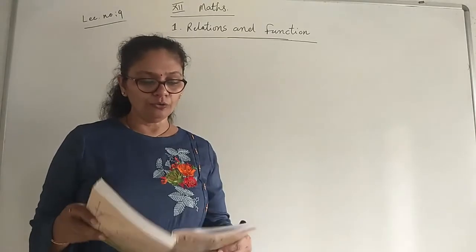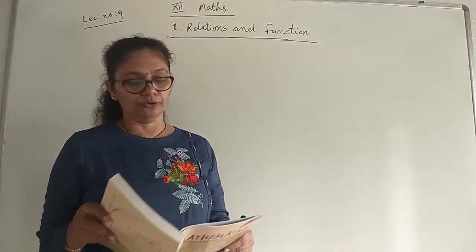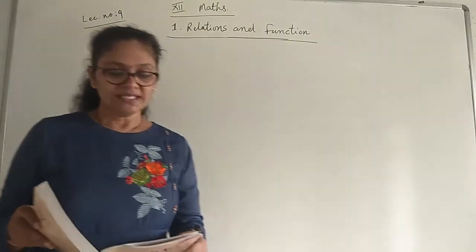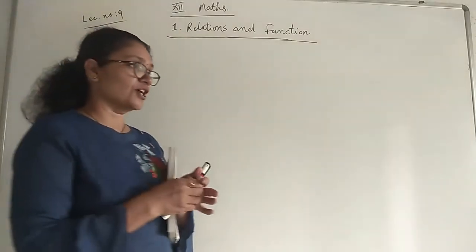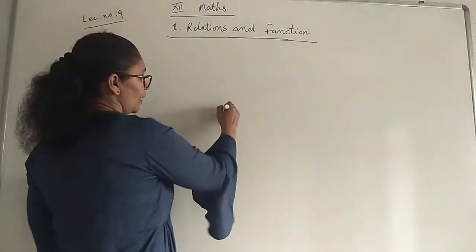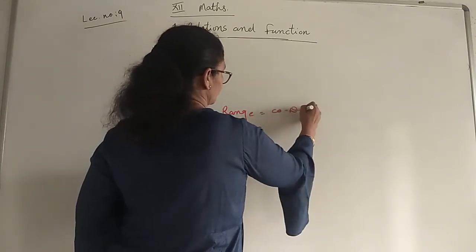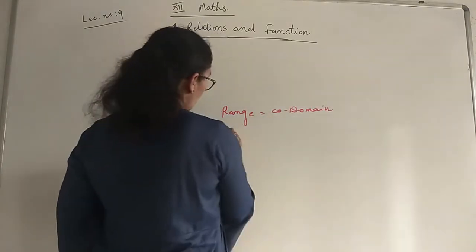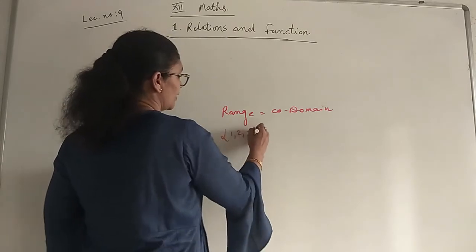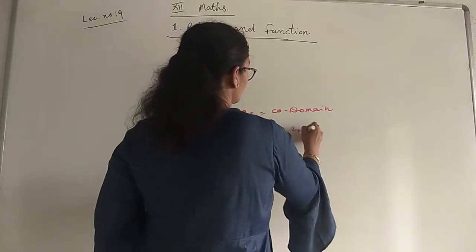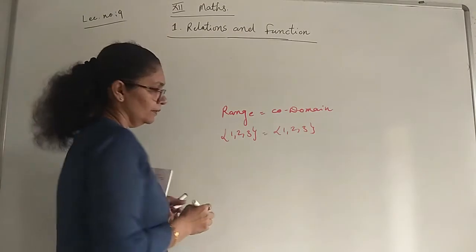Show that an onto function f from {1, 2, 3} to {1, 2, 3} is always one-one. See, onto function means what? Range and codomain are the same. So when you take range equal to codomain, your codomain is 1 2 3, so your range also is 1 2 3, right?